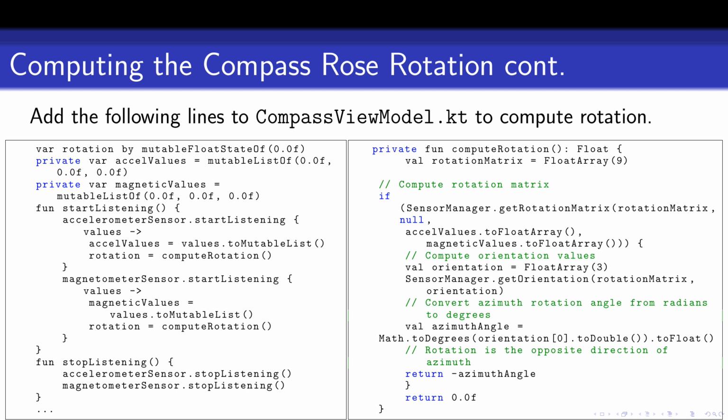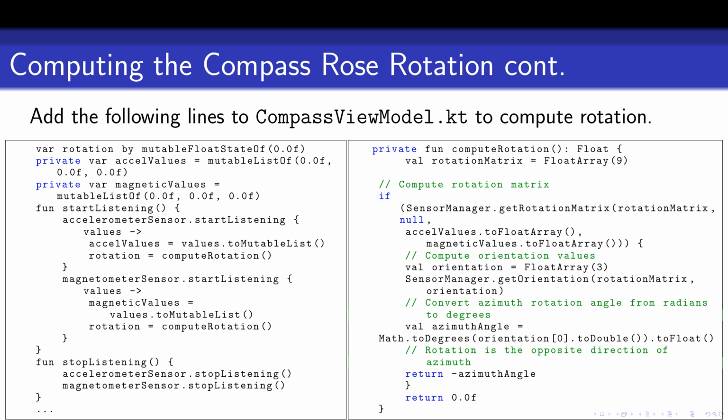When the view model's startListening function is called, it registers listeners for both sensors. Each time new data comes in, it updates the corresponding list and calls computeRotation to recalculate the azimuth angle. This ensures that every small change in orientation is reflected in the UI without delay. The stopListening function unregisters these listeners, which helps reduce battery usage when the app is paused or not in focus.